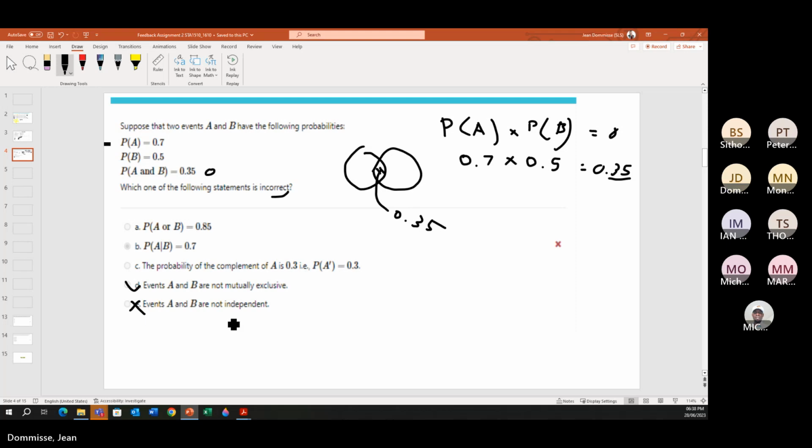Okay, let's just look at the others. The probability of the complement of A is 0.3. Okay, that's correct.